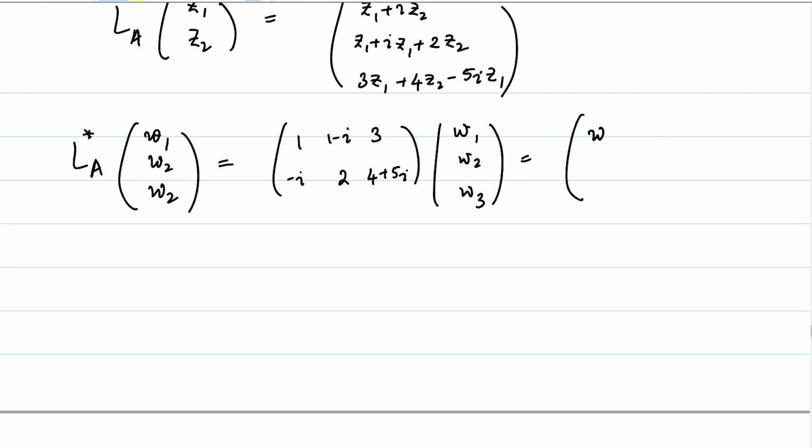This is just going to be (1 minus i) w1 plus 3 w3, and below it will be minus i w1 plus 2 w2 plus (4 plus 5i) w3. This is going to be the adjoint of L_A.